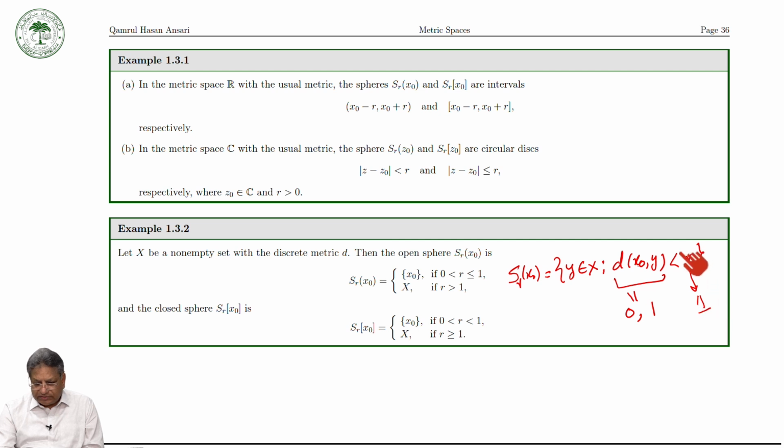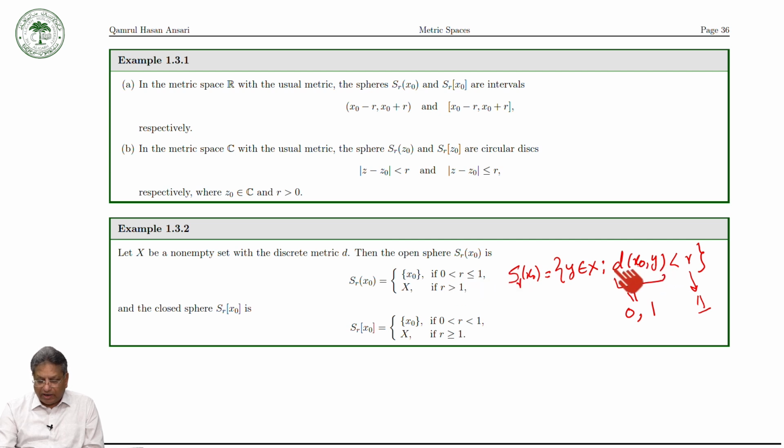So if this r is less than or equal to 1, then this would be equal to 0 only when y is equal to x0. Otherwise this cannot be, because r lies between 0 and 1.